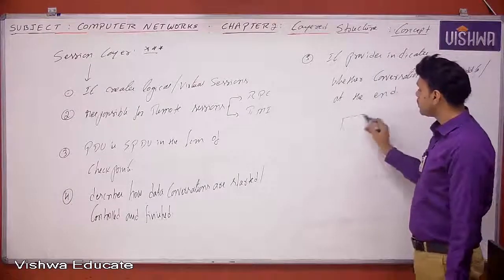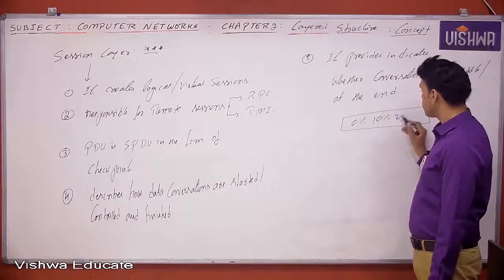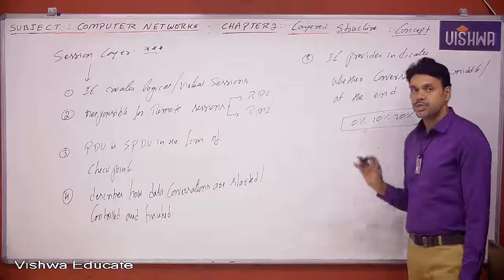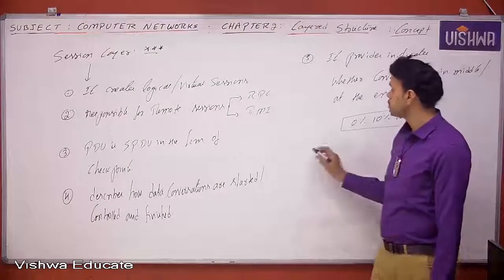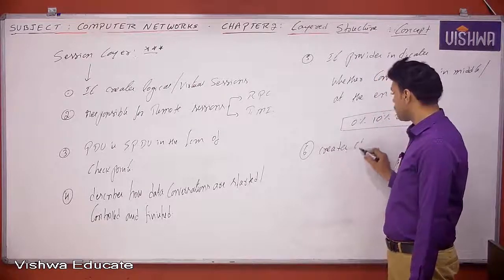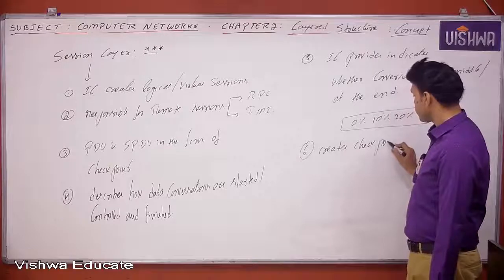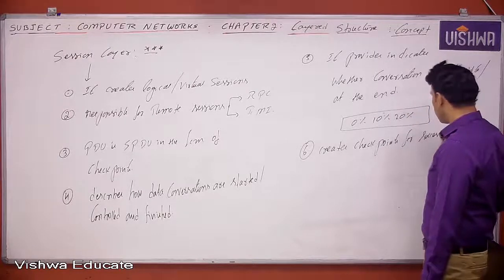So I can tell you like this: 0%, 10%, 20%, and so on. It is mainly used in downloads and uploads. It creates checkpoints for successful download and upload.